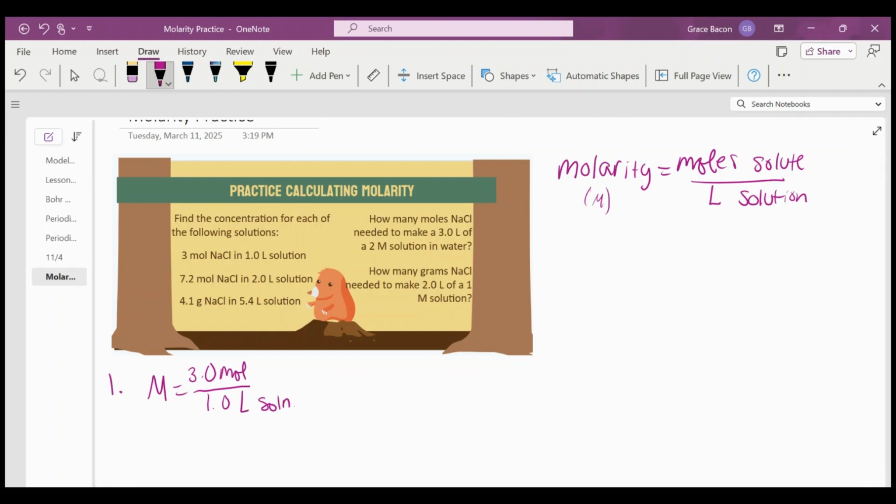Or we can think about this intuitively. Molarity is how many moles of solute are in 1 liter of solution. This is 1 liter of solution, so my answer is going to be 3. So we can just think it out, or we can do the math this way.